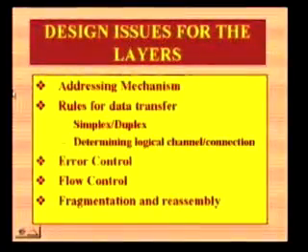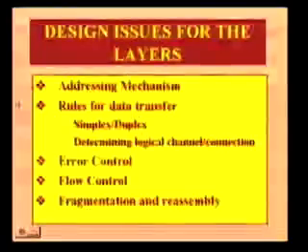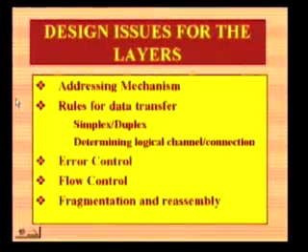One has to be concerned with the addressing mechanism. How do you do the addressing? How many bits for the address, how many bits for control, how many bits for data, and how many bits for other information should be put? For example, IP addresses in TCP/IP have 4 or 5 classes of addresses.